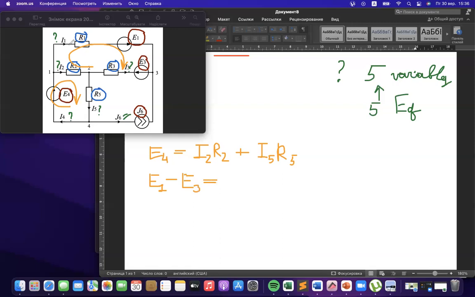And the resistances: first current, the same directed, we are taking it with plus. Then current number 3 is opposite directed, and current number 2 is opposite directed to this arrow. That is why in both cases we are taking them with minus.